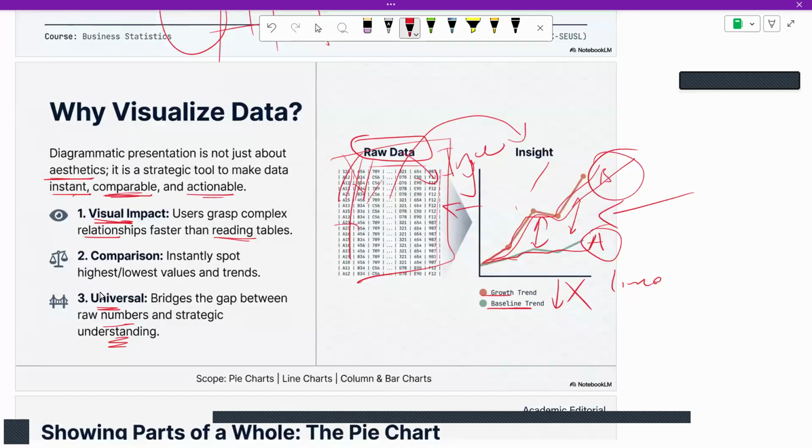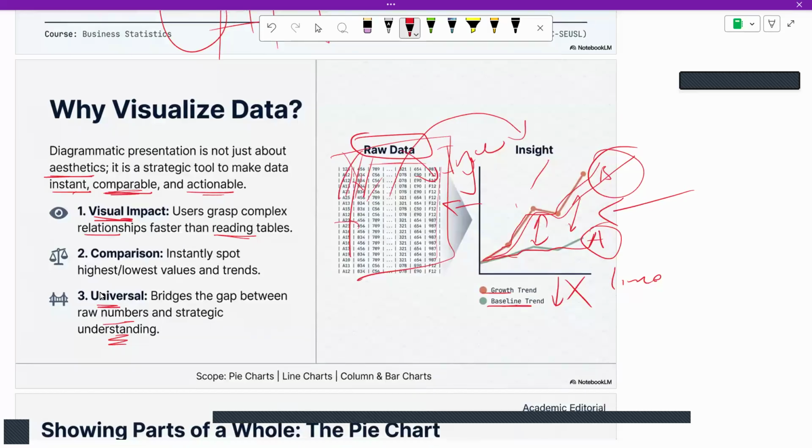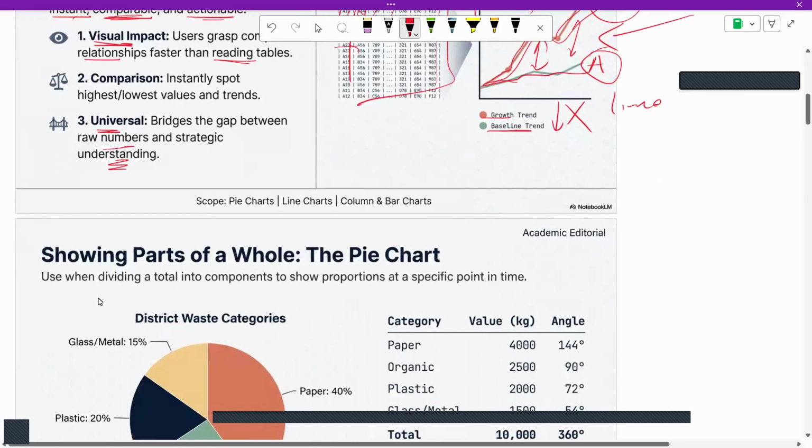That's the power of charts. But very important: there are a lot of charts available in statistics and visualization, but our focus is limited. Our scope is limited to pie charts, line charts, column charts and bar charts. These are the basic charts.